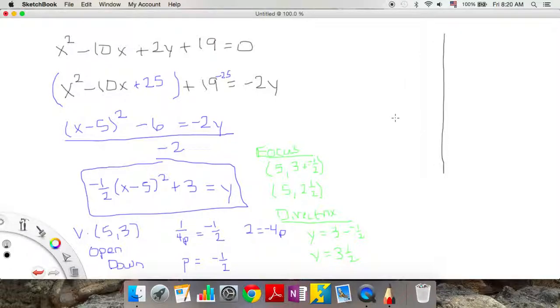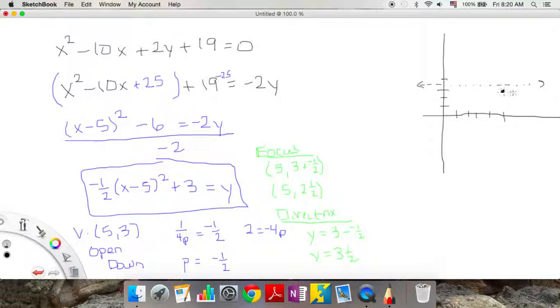So we've got, let's see, we're going to 1, 2, 3, 4, 5, 3 for our vertex point. And then our directrix is at 3.5. So there's our directrix.